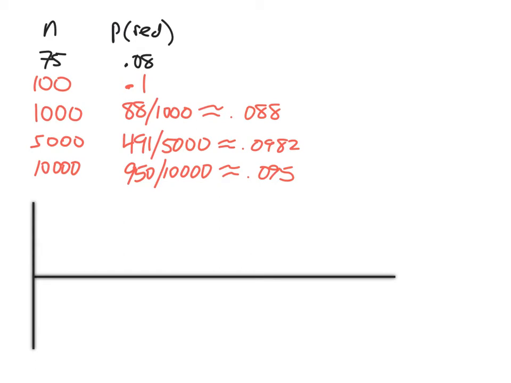So 0 trials. We're going to get out as far as 10,000 trials, and we'll scale everything based off of that. So 1,000 would be about right here, 100 would be about right there, 75 would be about right there.